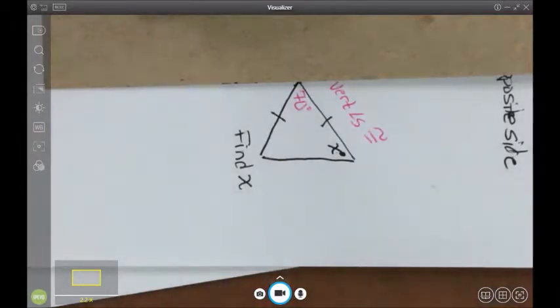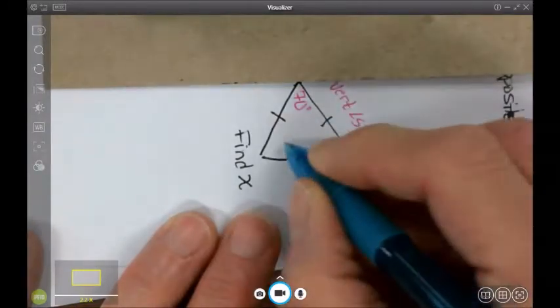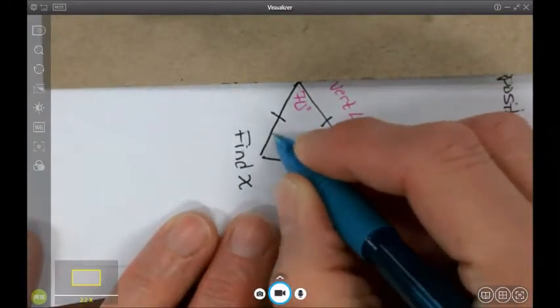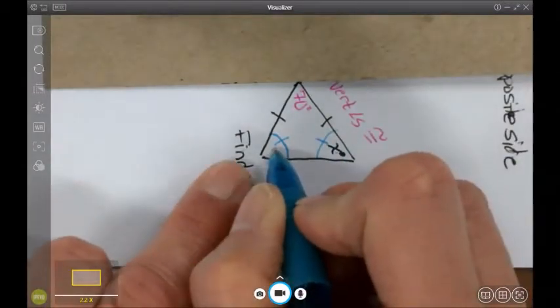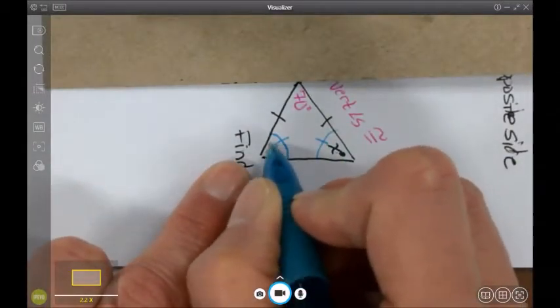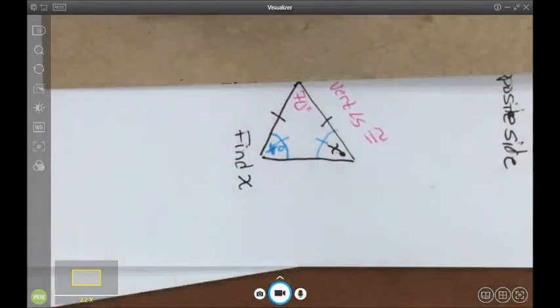But before we do that, since this triangle is isosceles, we know that this angle is congruent to this angle. So this angle is also x degrees, right? So that's what has to happen first. You have to have your picture labeled that way so that you know what's happening within that triangle.